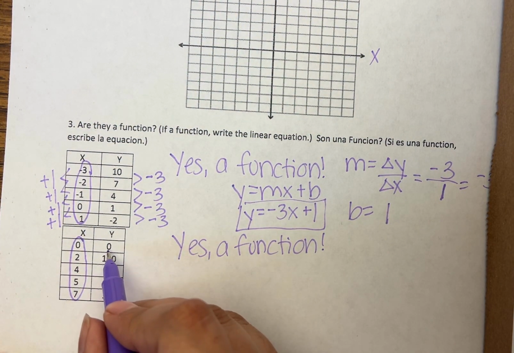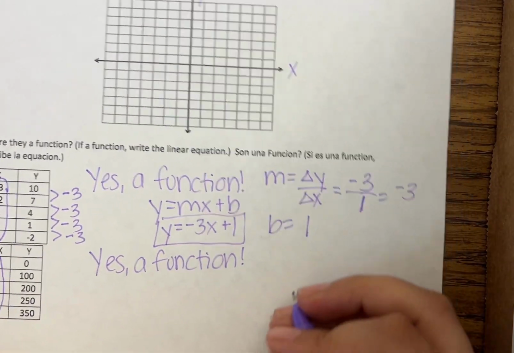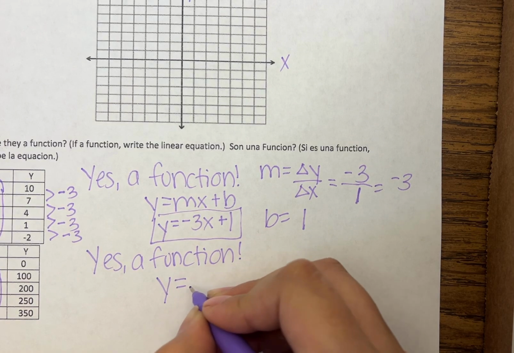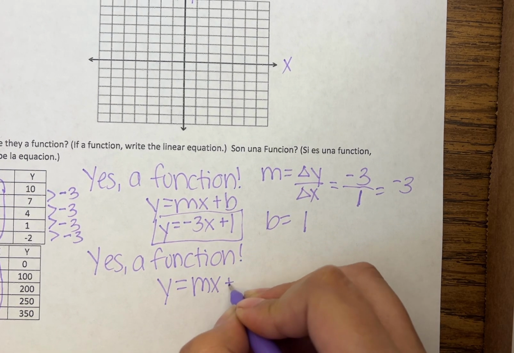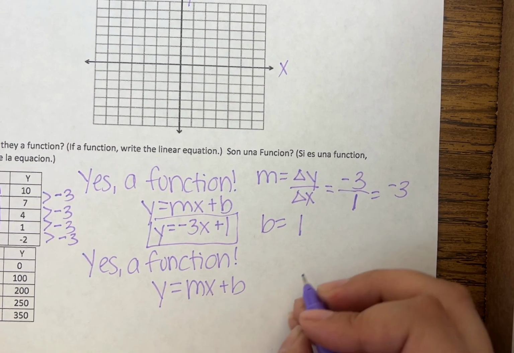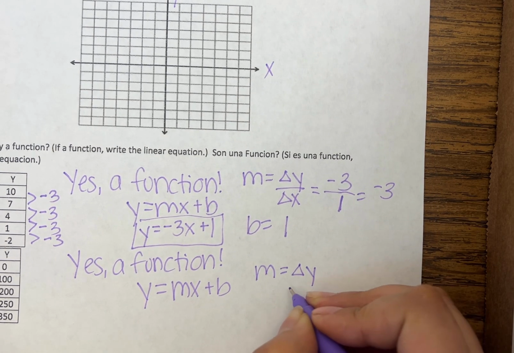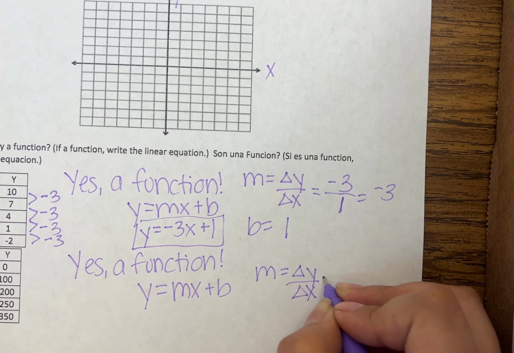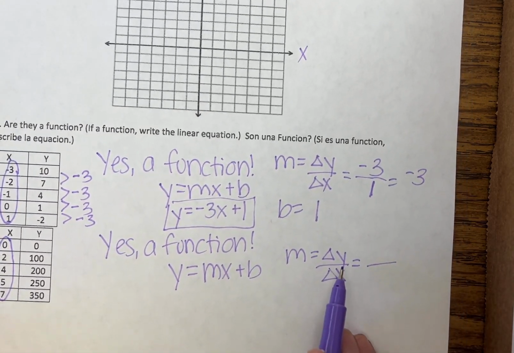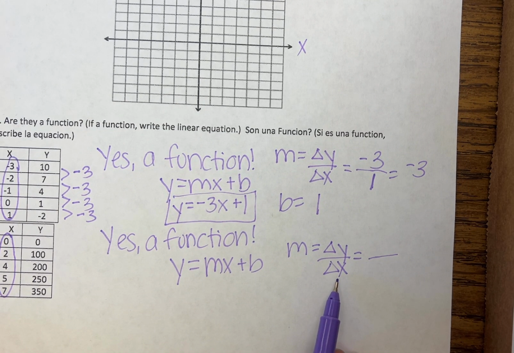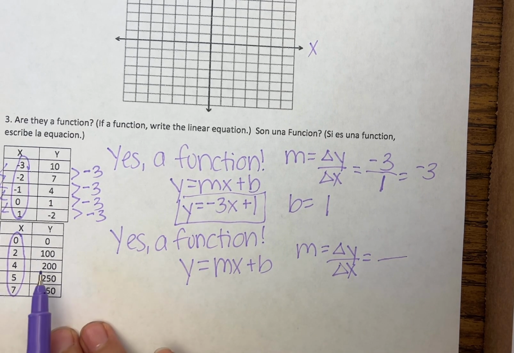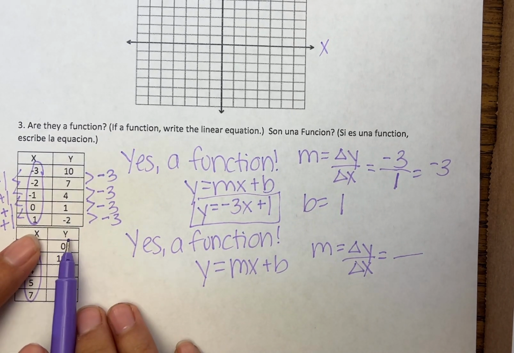Ahora, del 0, oh, perdón. We had to go y equals mx plus b. So remember, our slope is the rate of change. So change of y over our change of x. El cambio de los valores de y sobre el cambio de los valores de x. So our y values are on the right side or the left side? Look at the letters.